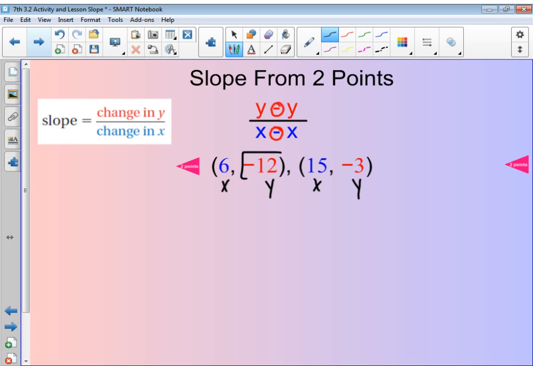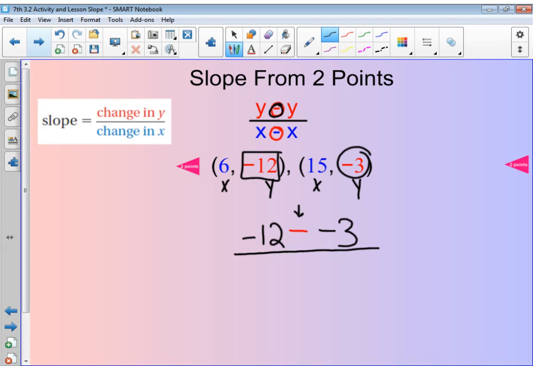So here I've got a negative 12, because it's a y. Remember, our y's go on the top. I have to remember my minus sign, and then a negative 3. The most common mistake is that this minus sign will get left out, because kids, adults, people working through this, write it out fast and forget that there's a negative in front of that 3, but they still need to include that minus sign because we have to show the change.